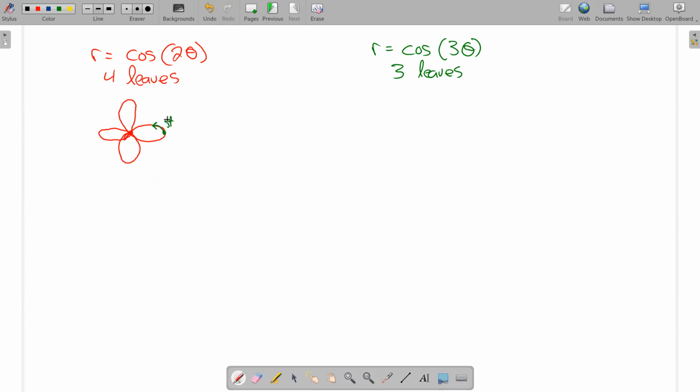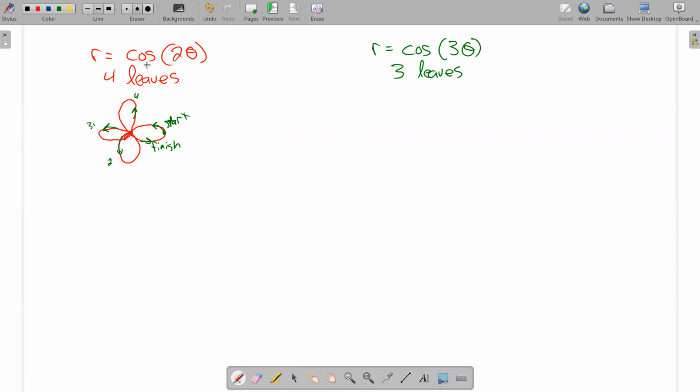So that was the start. And then it went down. So this was the start here. And then it jumped over to this leaf. So this is like the second part. And then it came around, and this was the third part here, this leaf in that direction. And then this was the fourth leaf. And then it came back here to finish. Cool.